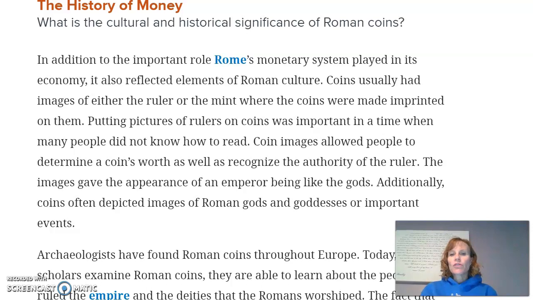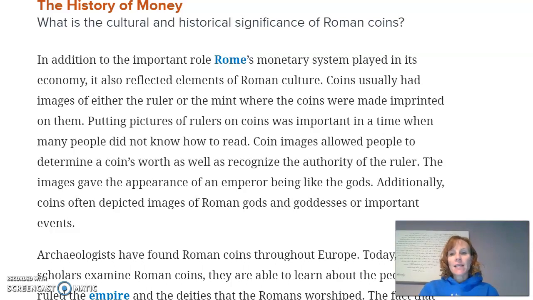Putting pictures of rulers on coins was important in a time when many people did not know how to read. Coin images allowed people to determine a coin's worth as well as recognize the authority of the ruler. The images gave the appearance of an emperor being like the gods. Additionally, coins often depicted images of Roman gods and goddesses or important events.